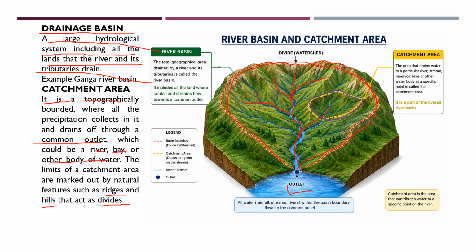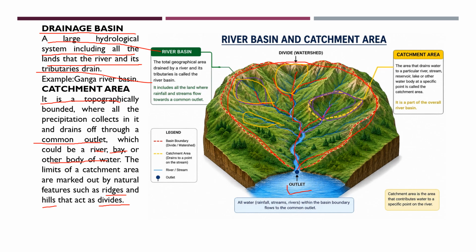This is one tributary joining with the main river. So this river has its own catchment. In the same way, this river also has its own catchment. I'm taking a light color from here. Okay, now you can get it. If I make one point here, this is another catchment, this is another catchment, here another catchment.